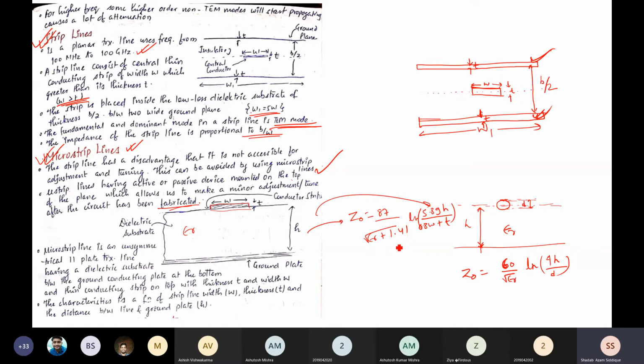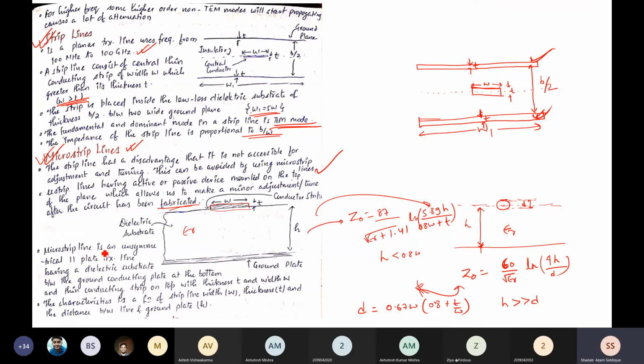For the rectangular strip, h should be less than 0.8 w, and for the circular one, h should be much greater than d. You can use these conditions, and to relate h and d, d is around 0.67 w times 0.8 plus t upon w, for rectangular to circular conductor. That is the relation between these two.